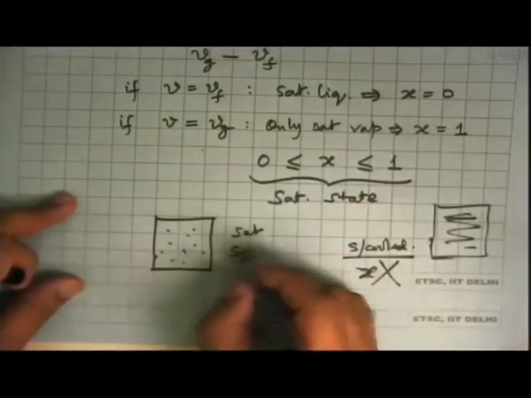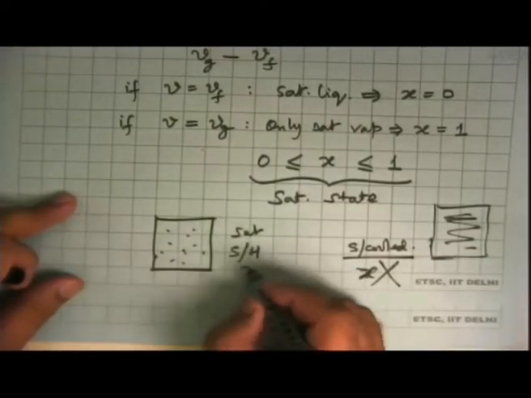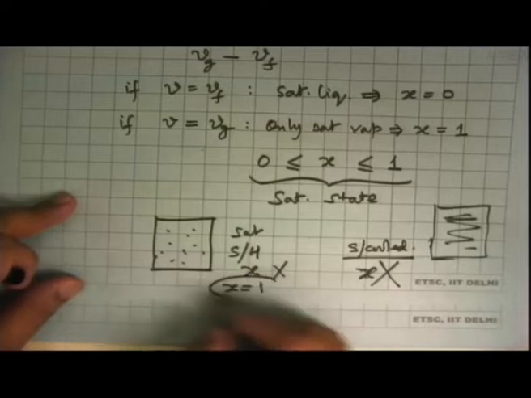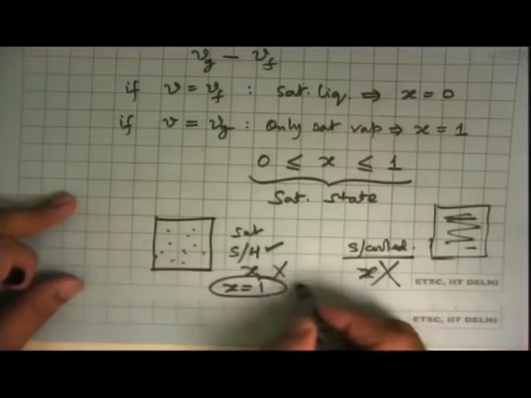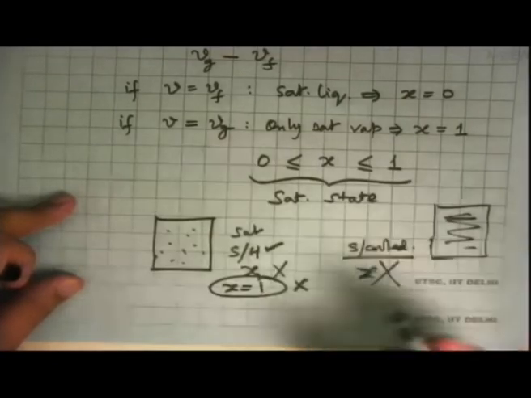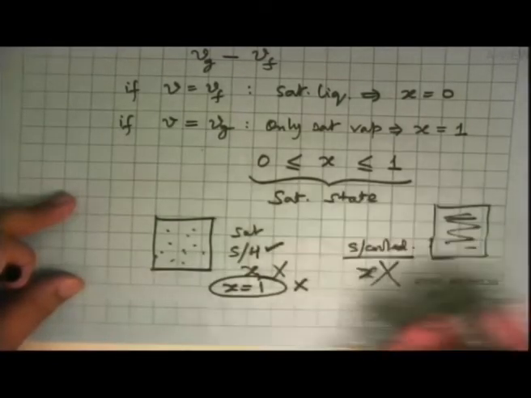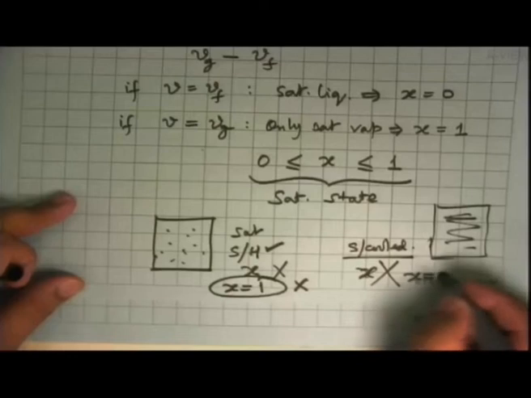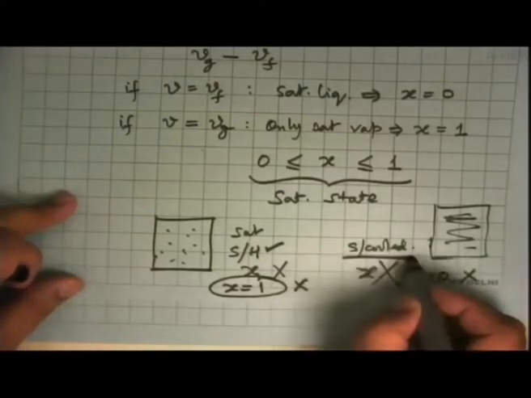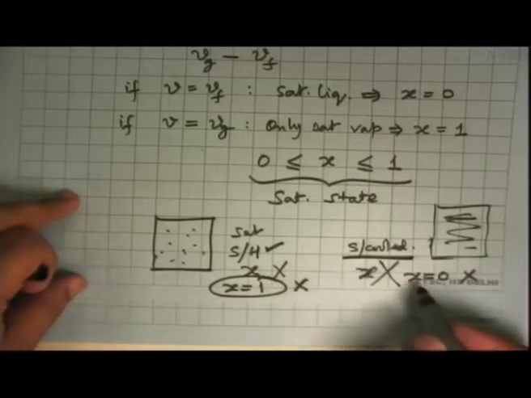But if this is superheated vapor, then x is not defined. Sometimes somebody will write x is equal to 1, even though it is a superheated state. That's wrong. And the same thing if subcooled liquid is there, one says there is only liquid, so x is equal to 0. That's incorrect, because the state is subcooled, and for that, dryness fraction is not defined.